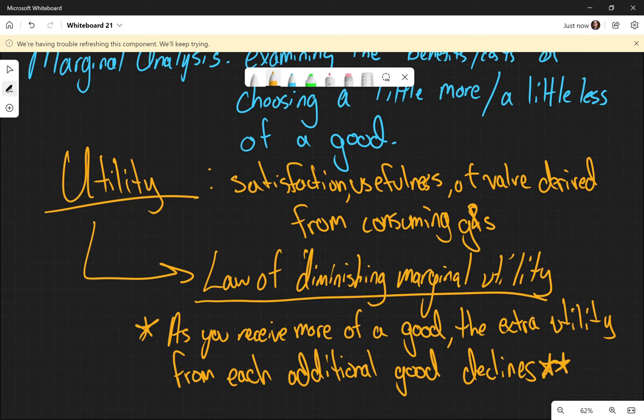So essentially, this is the notion that the first slice of pizza that you eat after skipping breakfast is going to taste better and provide more satisfaction than the sixth.